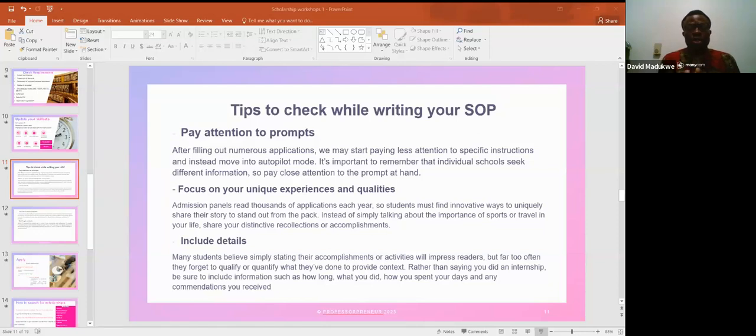When you pay such attention, you find out that they have different information, and you have to include that information in your statement of purpose, so that they will know that you have an eye for detail. You can understand what they want, and you wrote it very well. So you don't just bring autopilot stuff you prepared for a particular school and submit it to another school. You would be telling them that you are not organized.